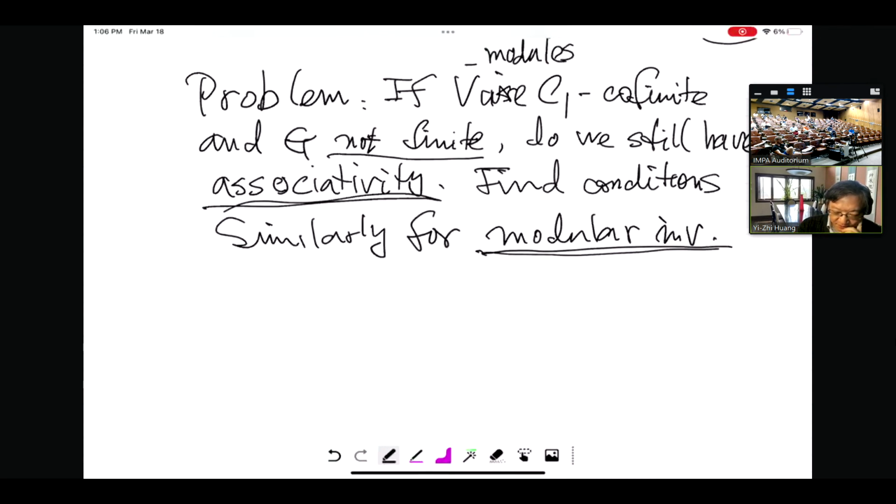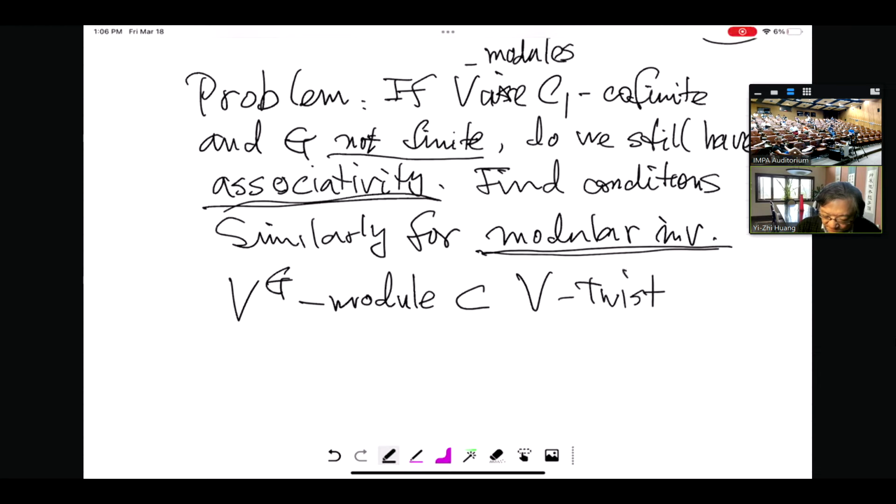So I actually proved a theorem. The theorem I proved is the following: any V^G module, where V^G is the fixed point subalgebra, is always contained in some twisted V module. Sorry, it should be twisted V module.